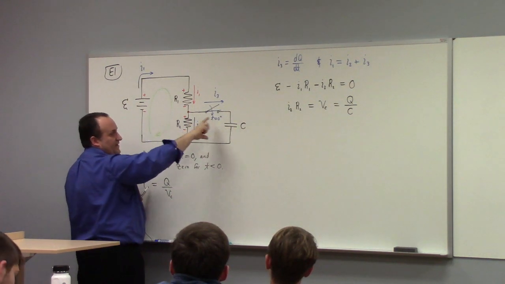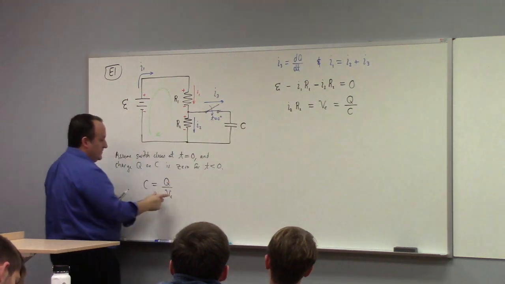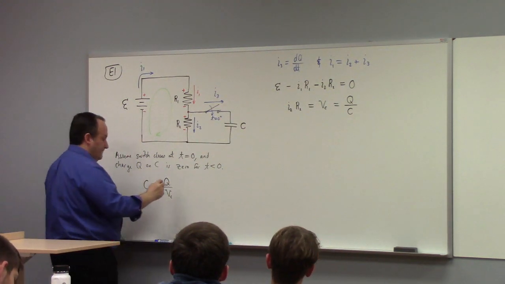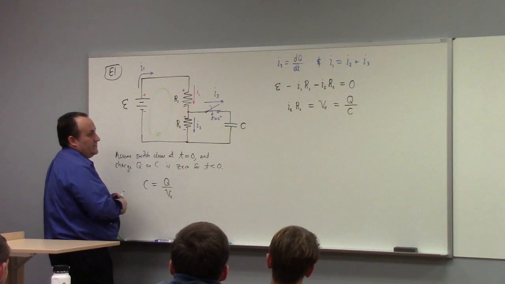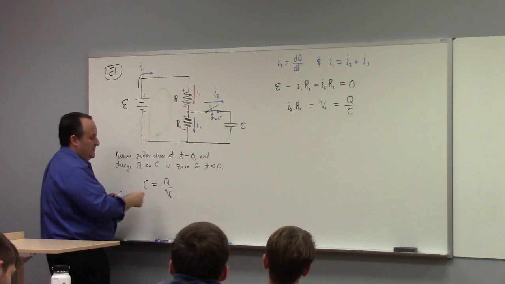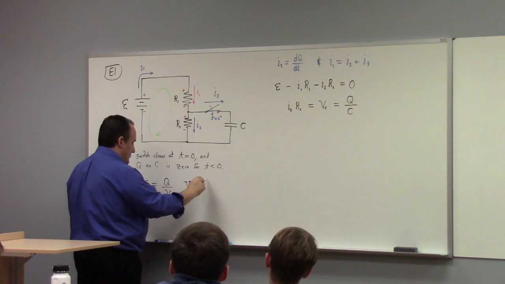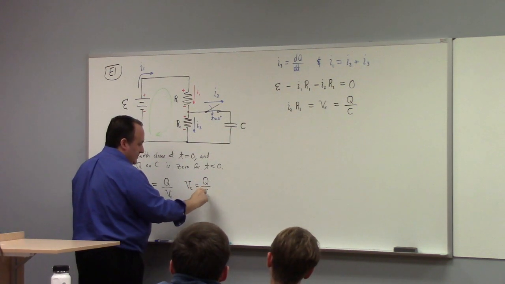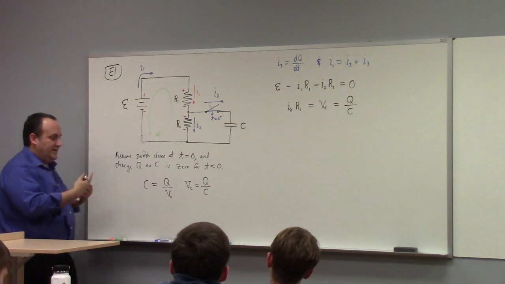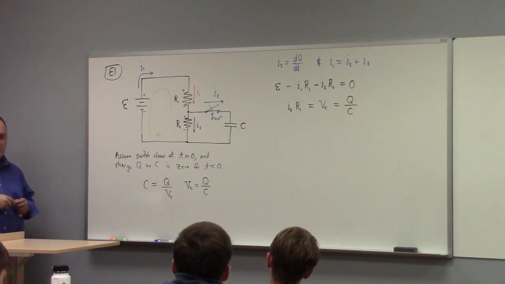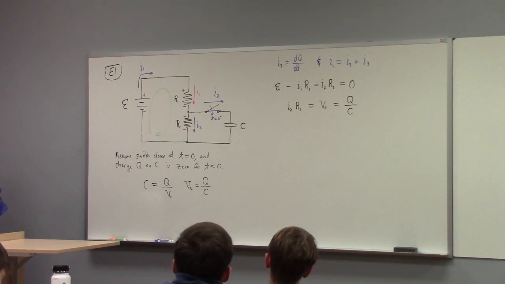So if the voltage on the capacitor is initially zero, because it has charge zero. Yeah, but it's still zero afterwards because VC is equal to Q over C, and I can't, in an infinitesimal time, change from no charge to finite charge.